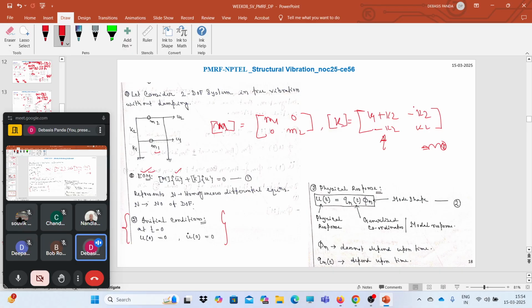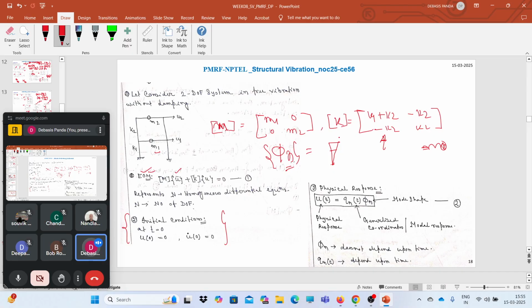Now you have already seen that phi n represents the mode shape corresponding to a particular natural frequency. As I said, these mode shapes are not the physical responses; they are the time-frozen screenshots, or the deflection pattern, associated with a particular natural frequency.